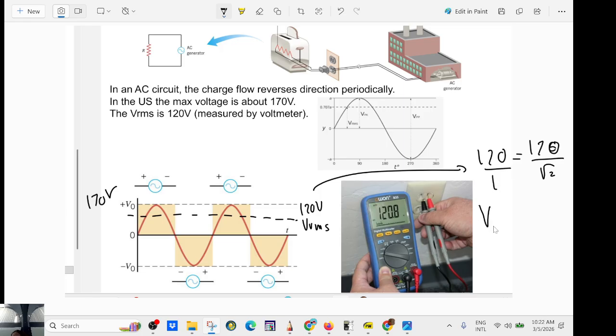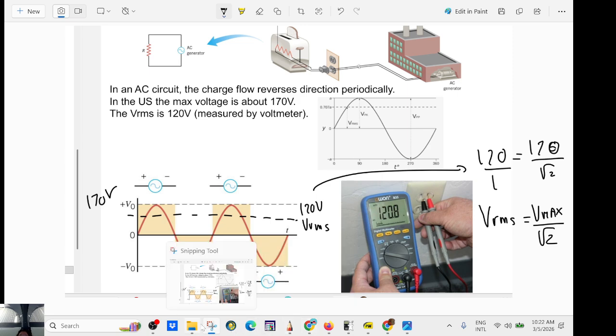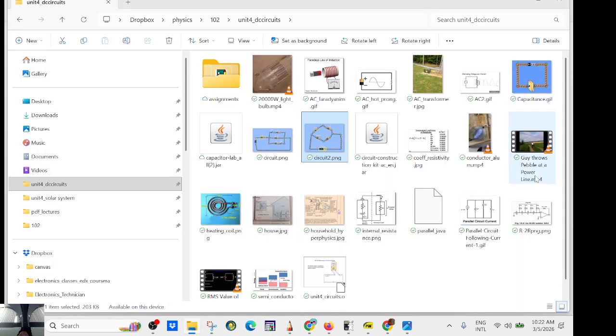So any alternating current, you can measure the RMS, which is the max of your sine wave divided by square root of 2. And that's the way it is. Any question?